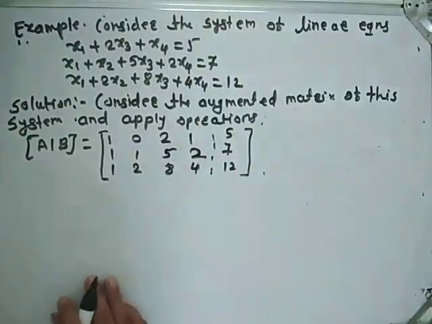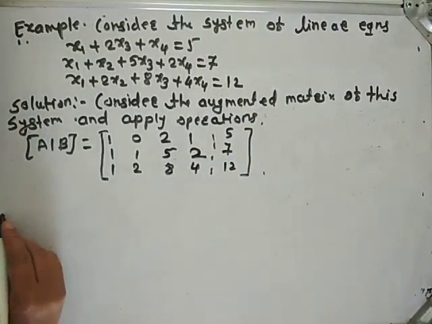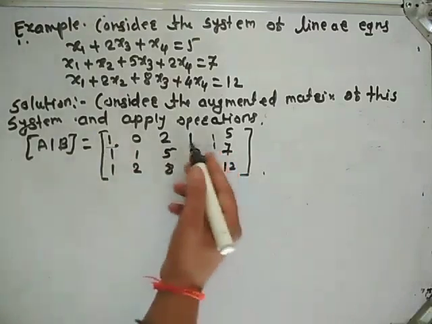This is the augmented matrix for the given system. Okay, now this one is the leading one for the first row.